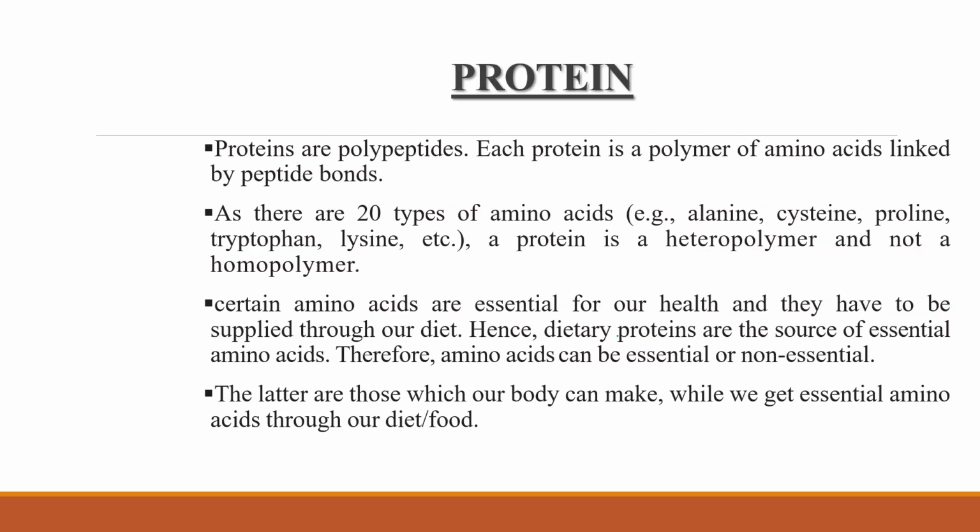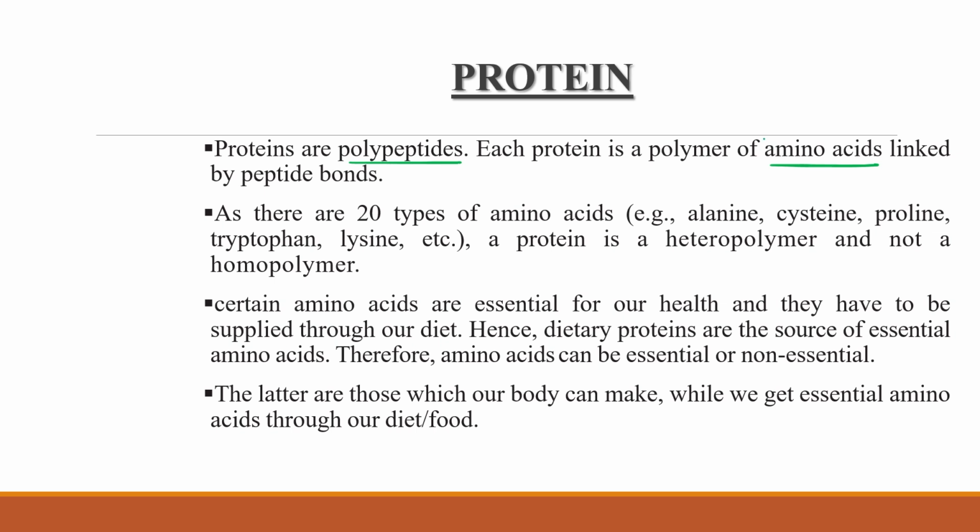Now let's discuss the second macromolecule type, that is protein. Proteins are polypeptides. Each protein is a polymer of its monomer unit. And what is the monomer unit of protein?